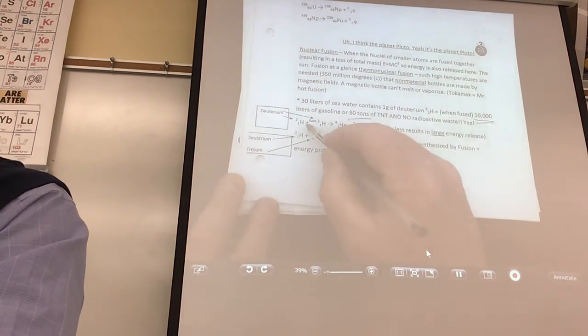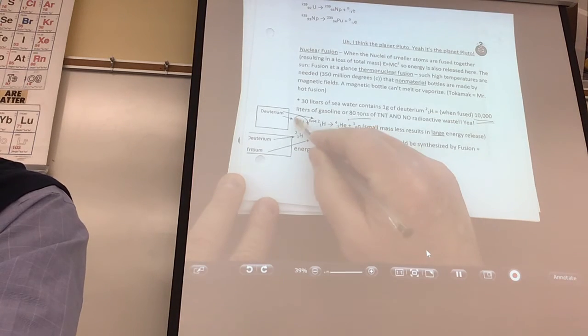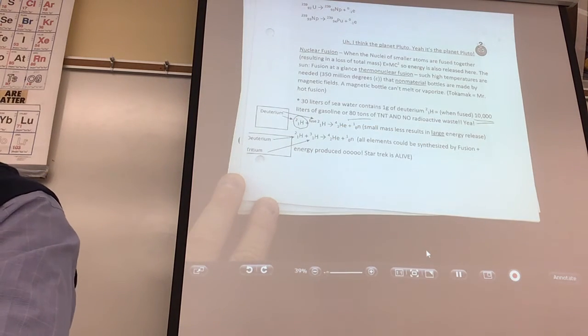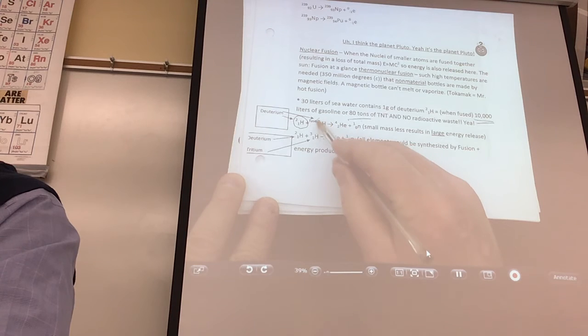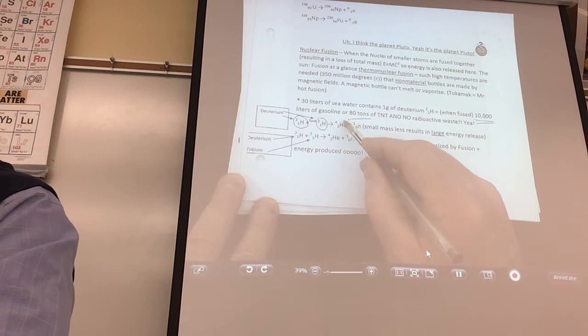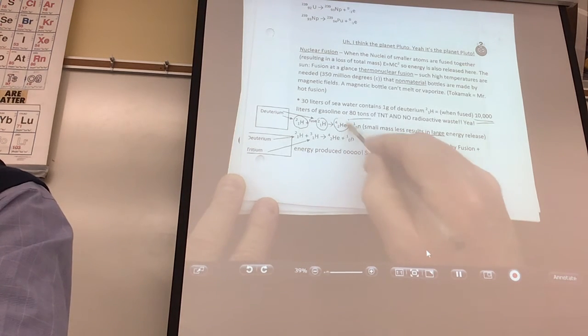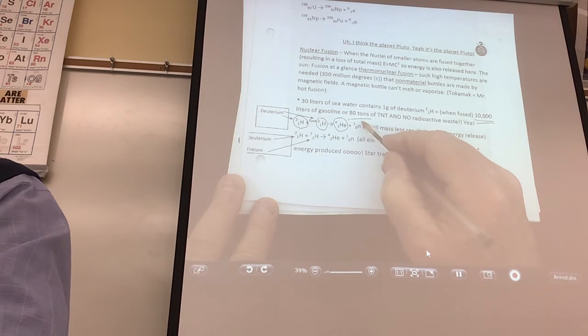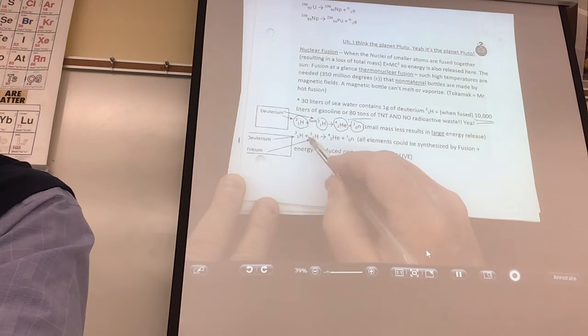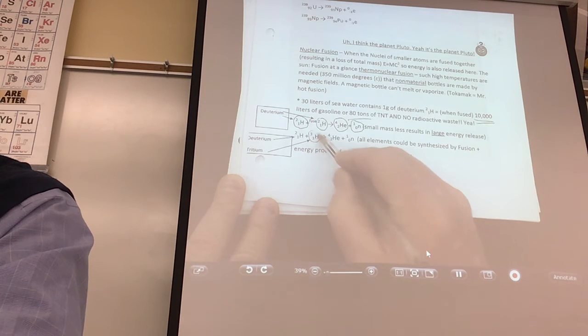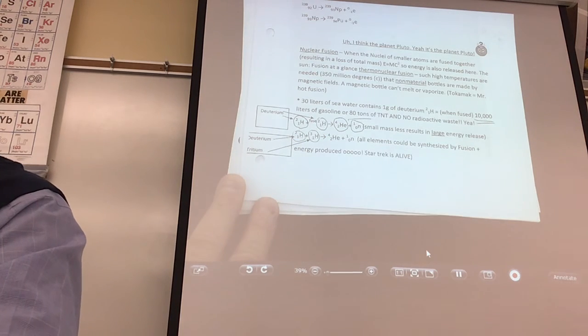Now, everybody take a look. This is deuterium, isn't it? What you're going to do is try to get it to fuse with another deuterium, and it would form helium-4 and a neutron. Or you could get deuterium and tritium. That's another type of fusion.